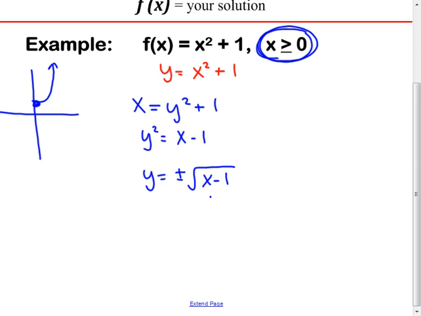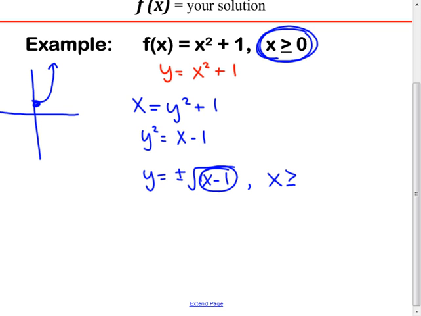Okay? Now, the question becomes, what kind of a restriction do you have to put on the inverse? Remember that you can't take the square root of negative numbers. So your x values here have to be greater than or equal to the smallest number you can take the square root of inside here, which would be 0.